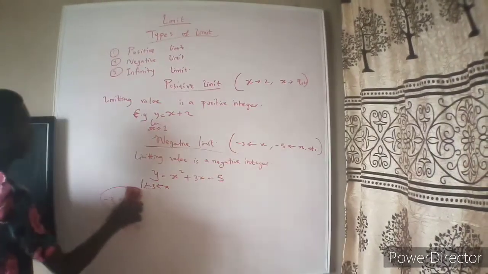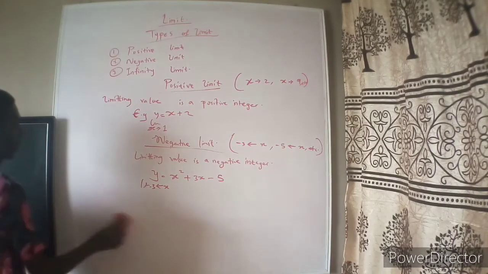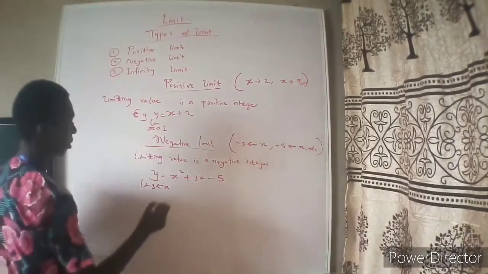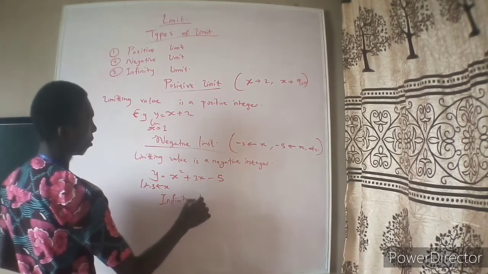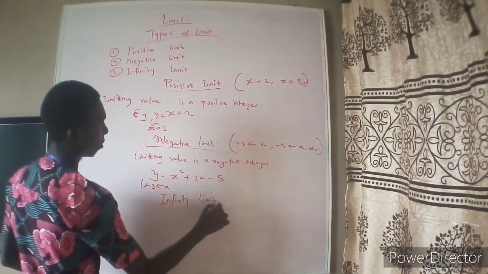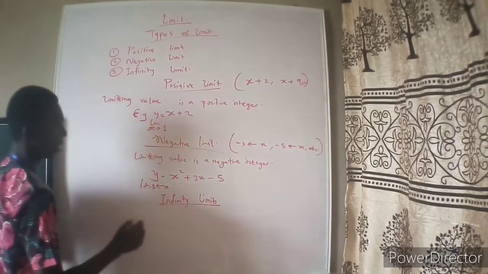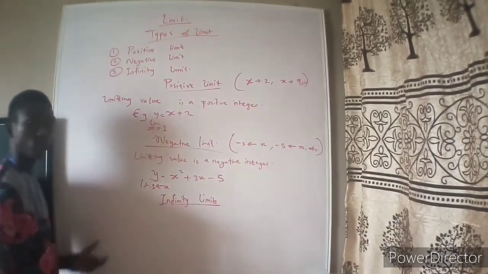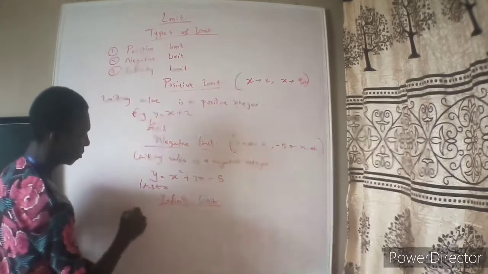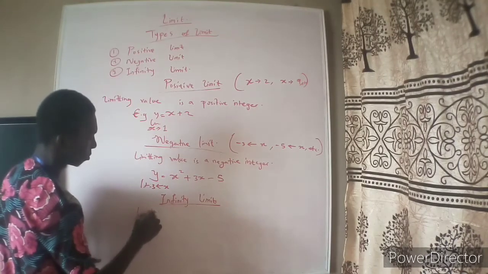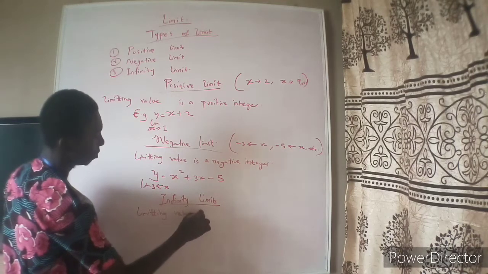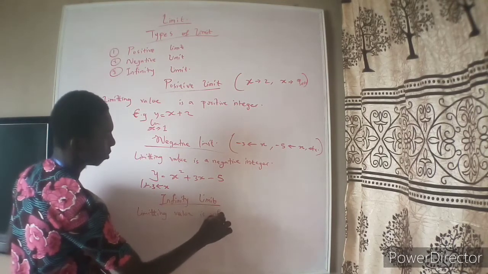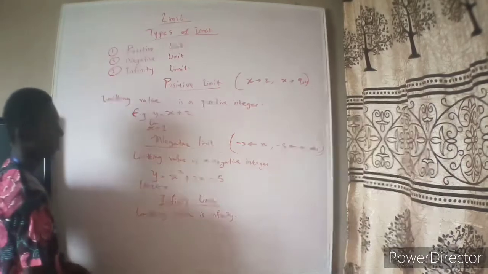So the third type of limit is the infinity limit. This is where we have the limiting value to be infinity.